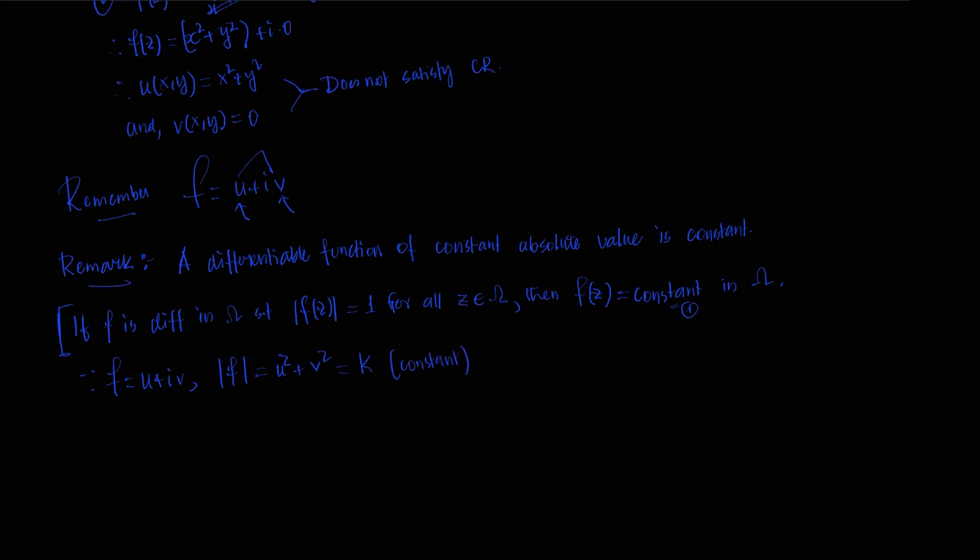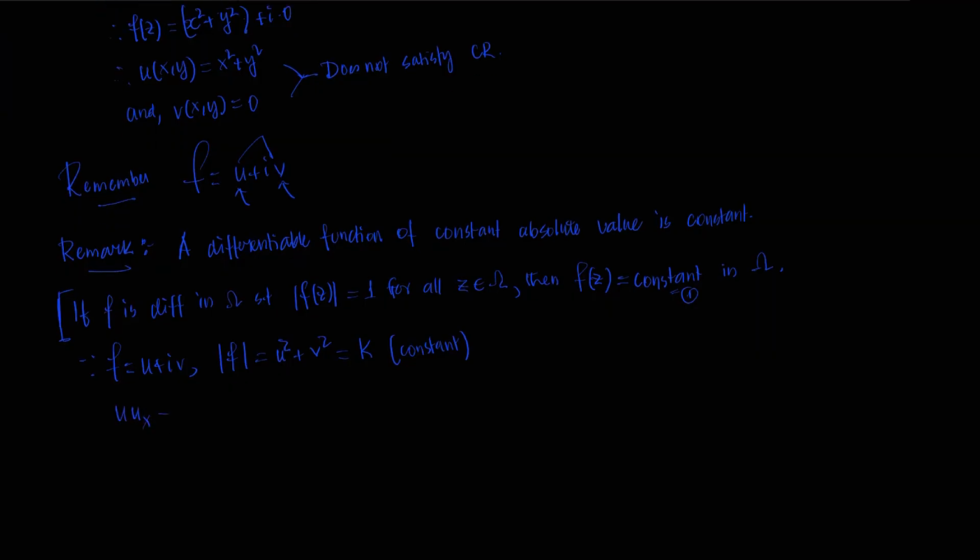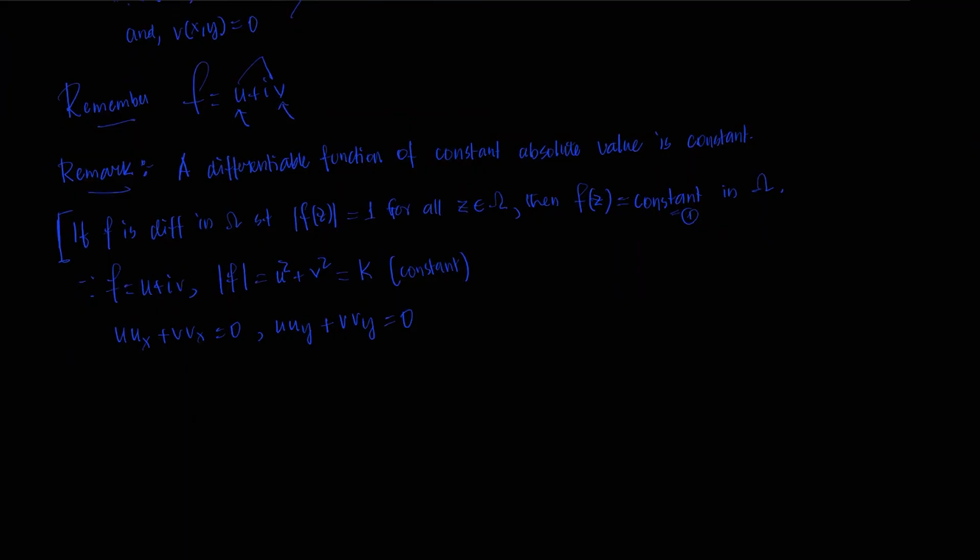Okay. Now you see, if this is true, then we can use implicit differentiation. So it becomes u u_x plus v v_x equals 0. And u u_y plus v v_y equals 0. This is always true. Now, if it is a differentiable function, we already know that the CR equation is satisfied.